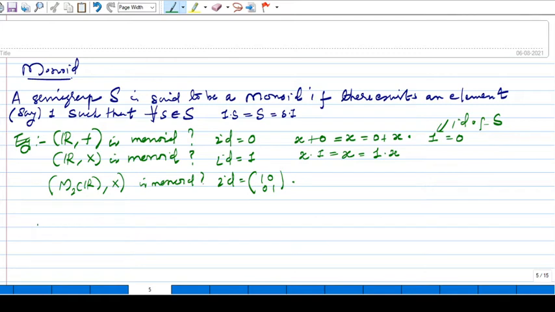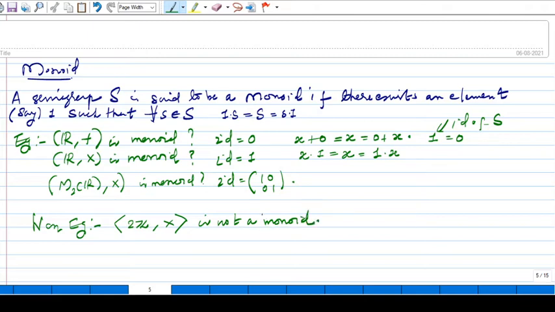So what are the non-examples? Non-examples are the collection of even integers 2Z under multiplication, right? 2Z under multiplication is a semigroup but not a monoid.